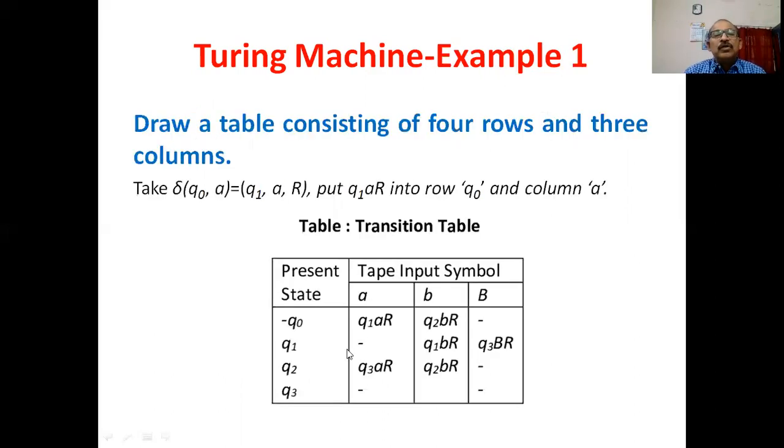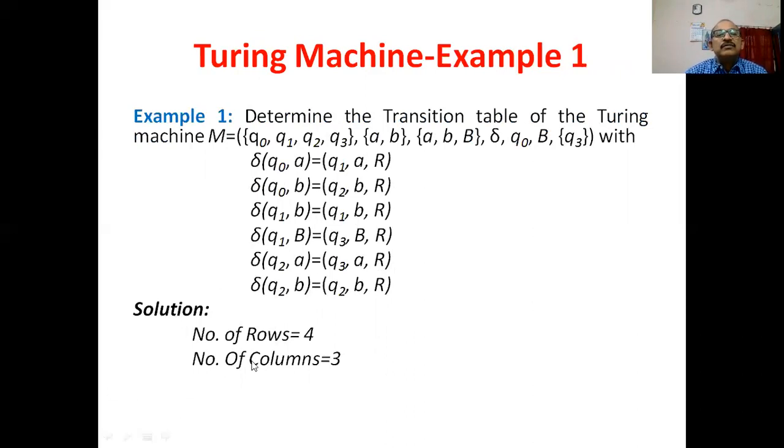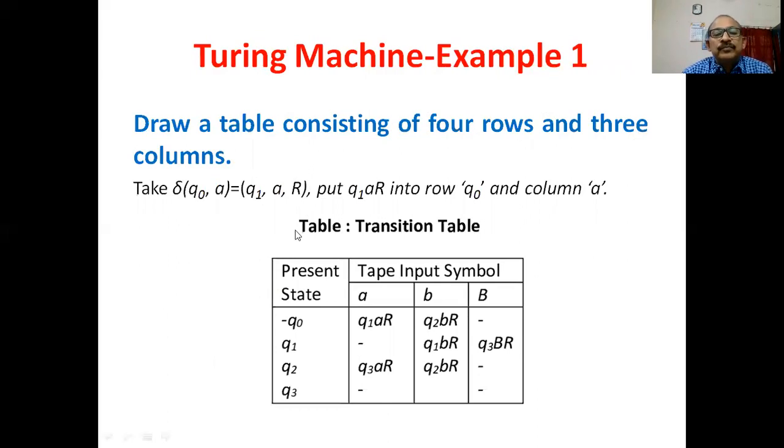Now let us see the first instruction, transition function. What is the first transition function? Delta(Q0, A) = (Q1, A, R), means we write Q1AR into row Q0 and column A. Here you can see Q1AR in row Q0 and column A. Is it clear?